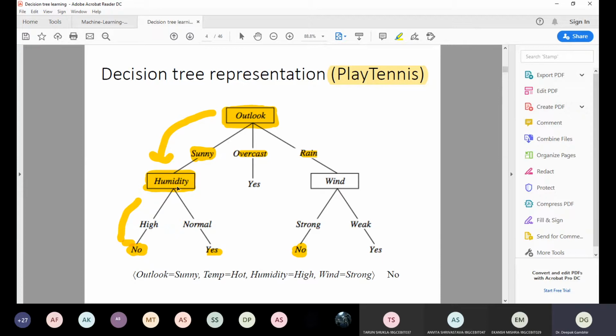If it is sunny and the humidity is high, then the tennis game will not happen, so it will fall in the class of no. Whereas if the outlook is sunny and the humidity is normal, then it will fall in the category of yes, that is, play tennis can happen.